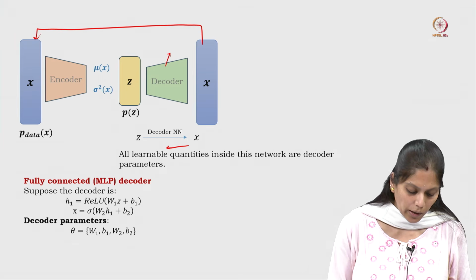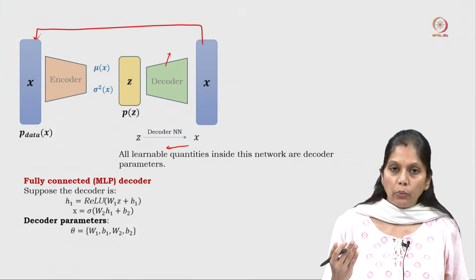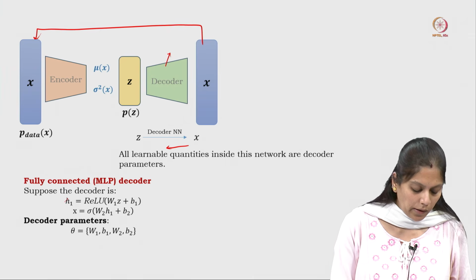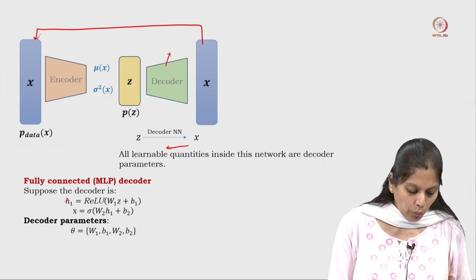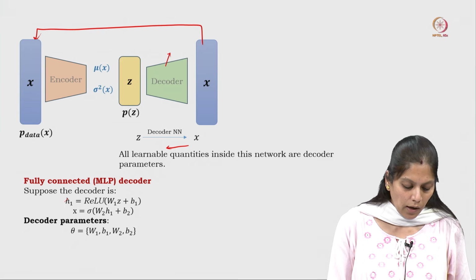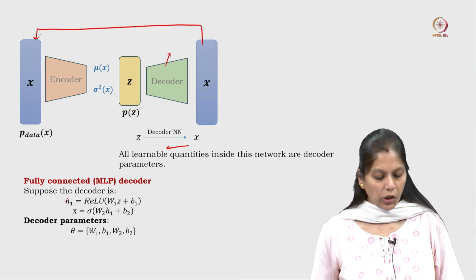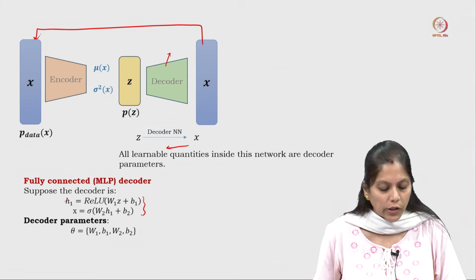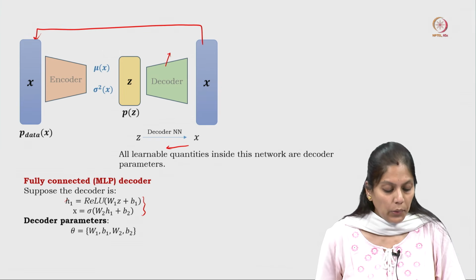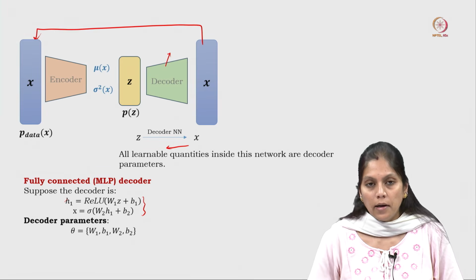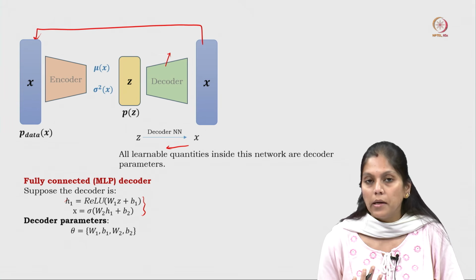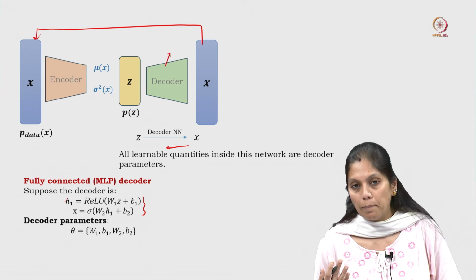You write the weight multiplied with the values plus a bias, that is the computation at h, and then you get x as some function of h. This is how you compute the calculations. What I am trying to explain is that the learnable parameters here are the weights and bias.